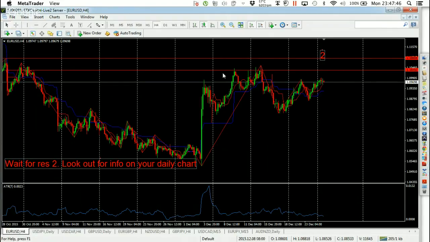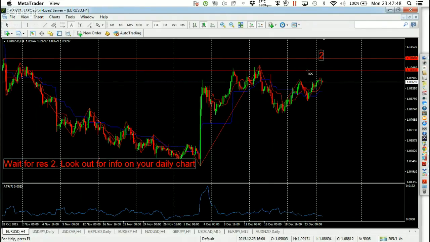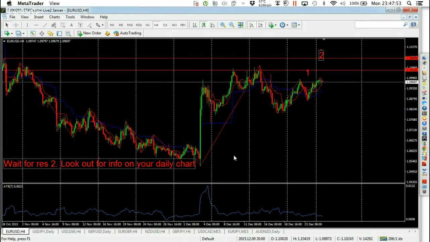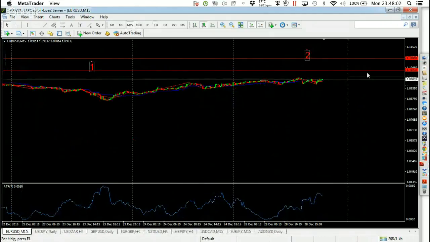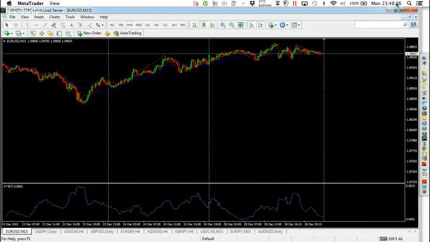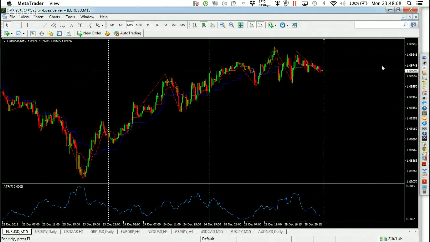Delete. So that's number 2, and right here is number 1. Until we get to any of these areas, as soon as we touch either 1 or 2, I'm going to wait for the Ichimoku to switch first.